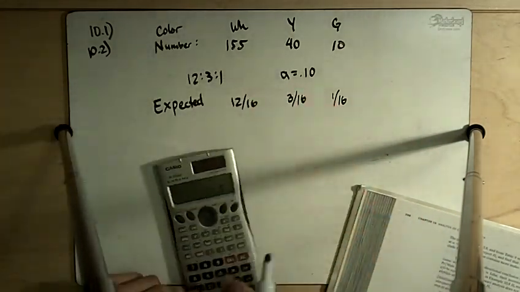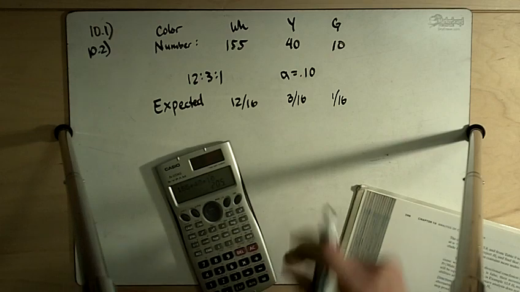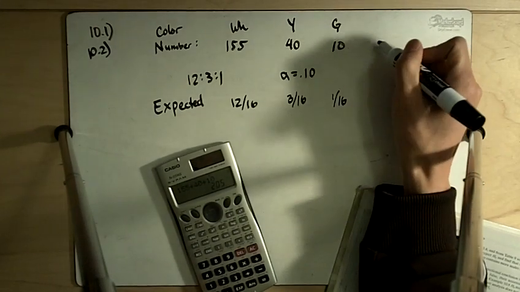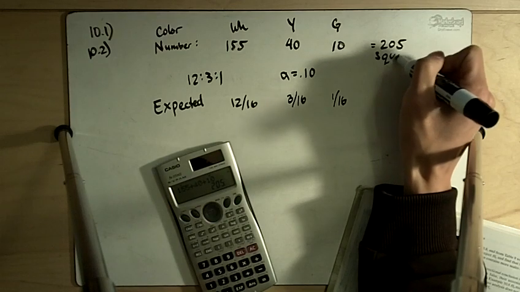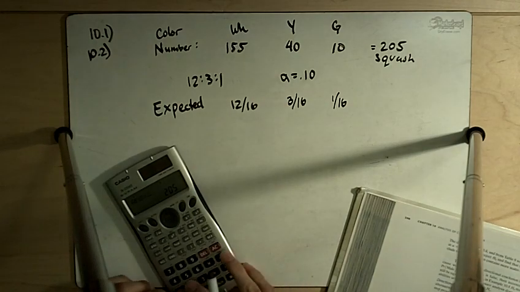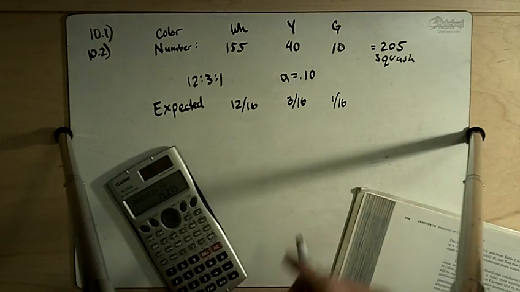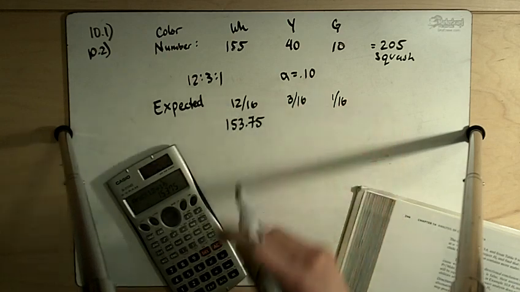We have a total of 155 plus 40 plus 10 for a total of 205 squash. So 205 times 12/16 is 153.75.